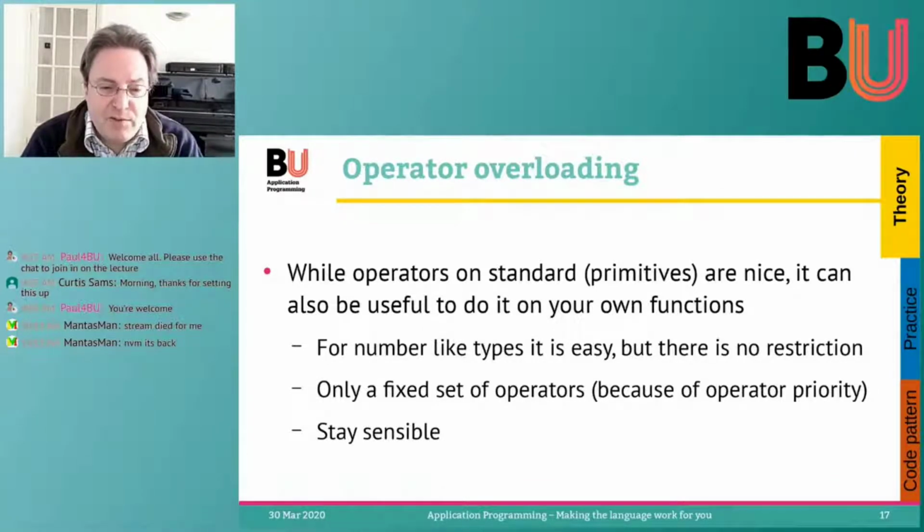So why do we want that? Sometimes we have our own number types, or Java has those already. There's something like big decimal, or a big integer. Those are numbers that are bigger than a long or a double can contain. Arbitrary precision numbers. They are still numbers, but we want to be able to handle them.